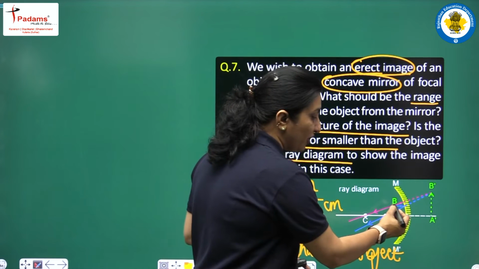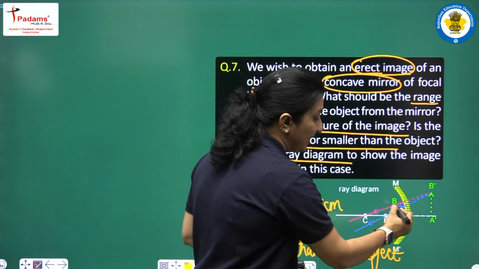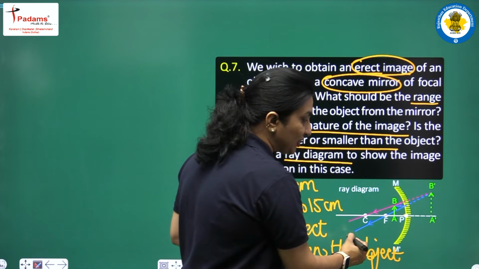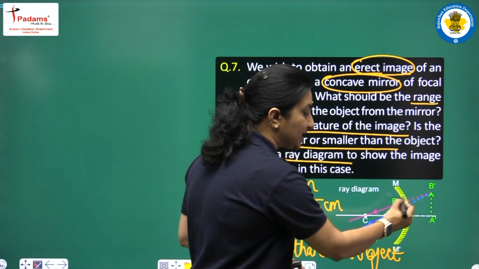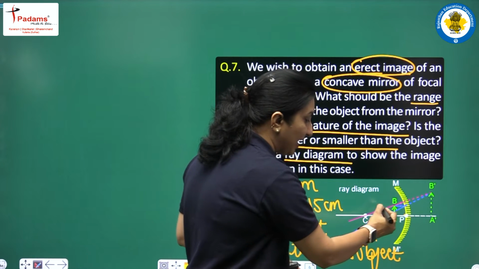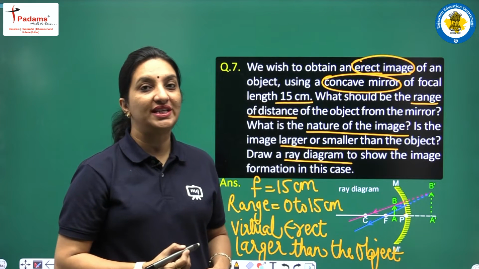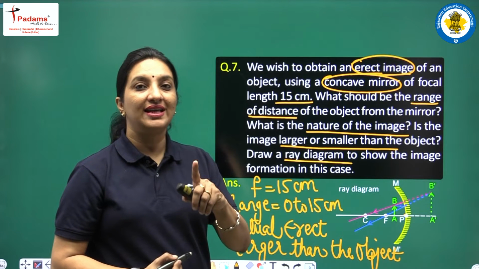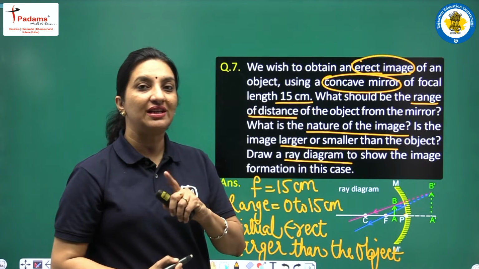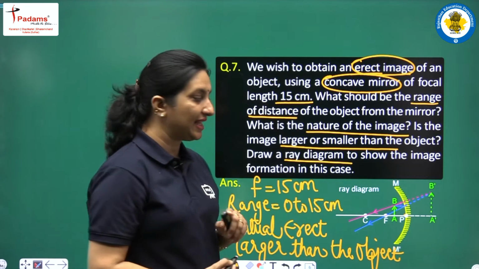The first ray of light, which is incident parallel to the principal axis, gets reflected in this direction, and the second ray of light, which is directed towards the center of curvature, again gets reflected in the same direction in which it is incident, because we know that the rays directed towards the center of curvature are incident at 90 degrees. So they will retrace their path.